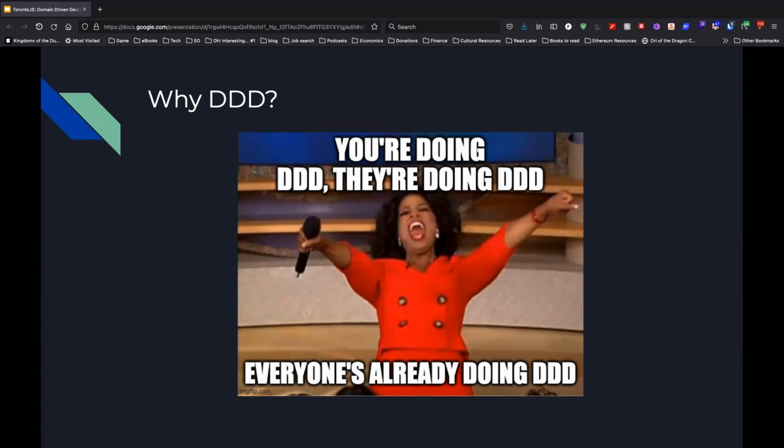Domain-driven design, the essence of the philosophical concepts of it, is really to formalize what we have always been doing. We have always discussed using language, and we have always tried to understand with the business, what should we make? We have always made assumptions about how things should be, and we have always tried to put context and meaning into the things that we do. So every one of us is doing domain-driven design, just not formalized.